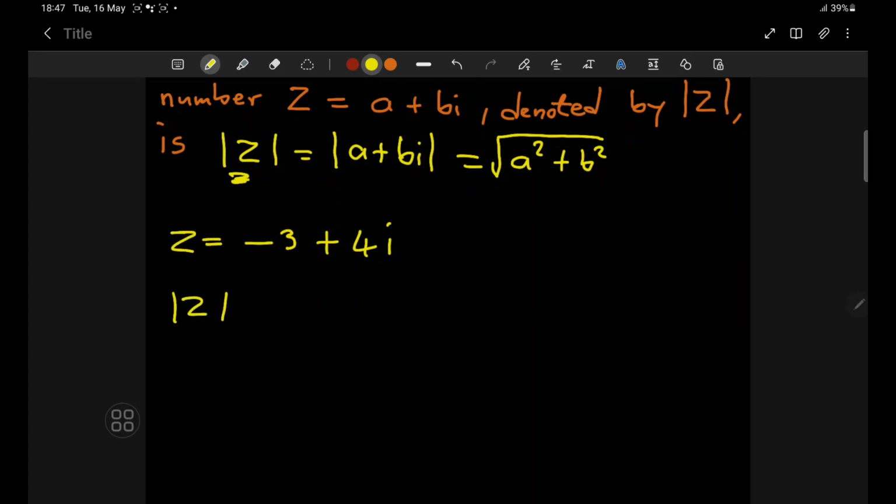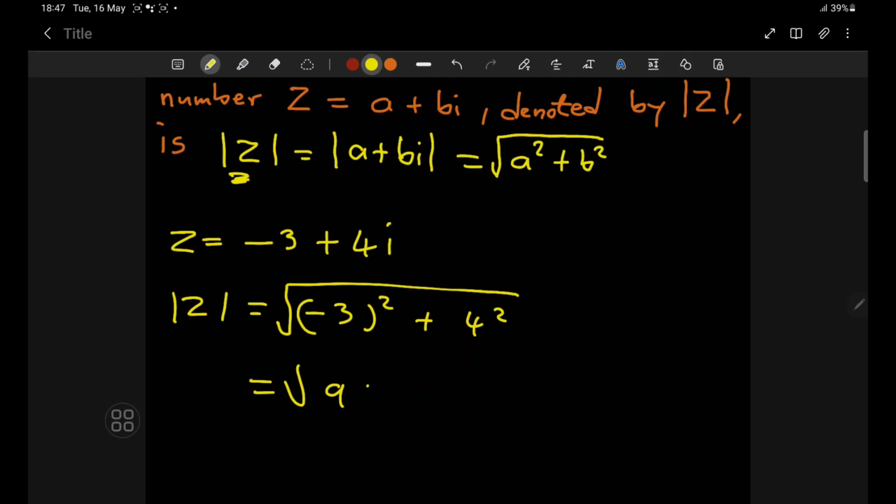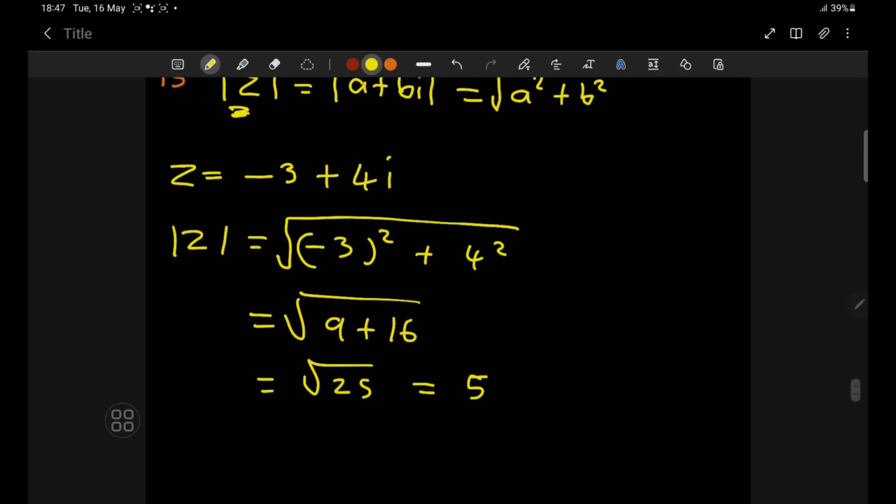Our absolute value of z would be the square root of negative 3 squared plus 4 squared, which is 9 plus 16, which is the square root of 25, which is just equal to 5. Sometimes the notation is that we're given r for the absolute value, so it's the same thing. This could be represented as r, the distance from the origin.